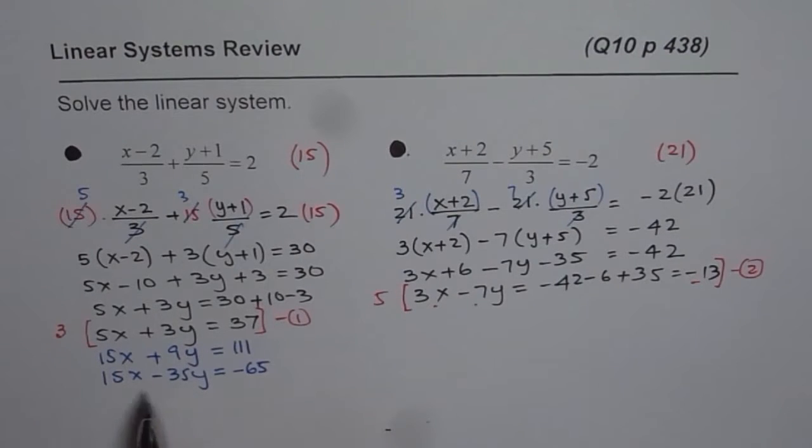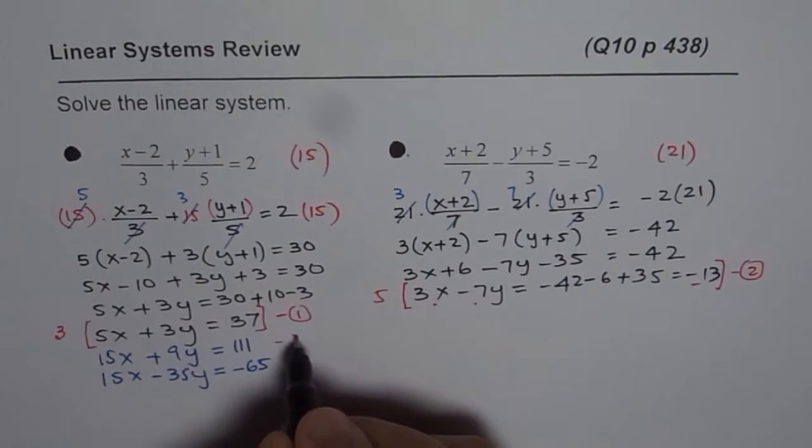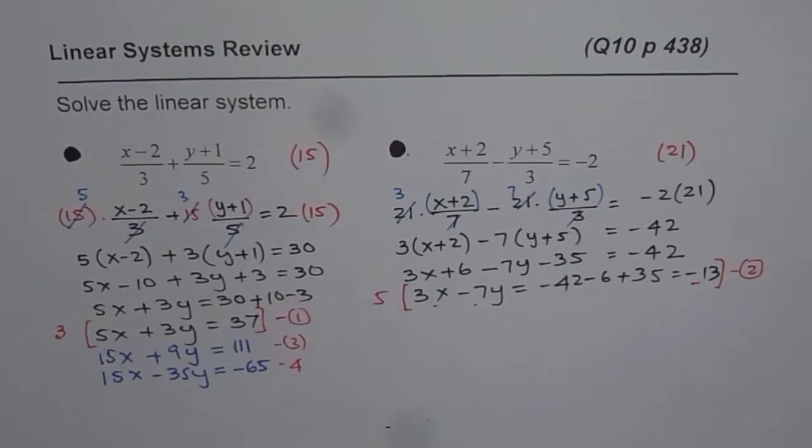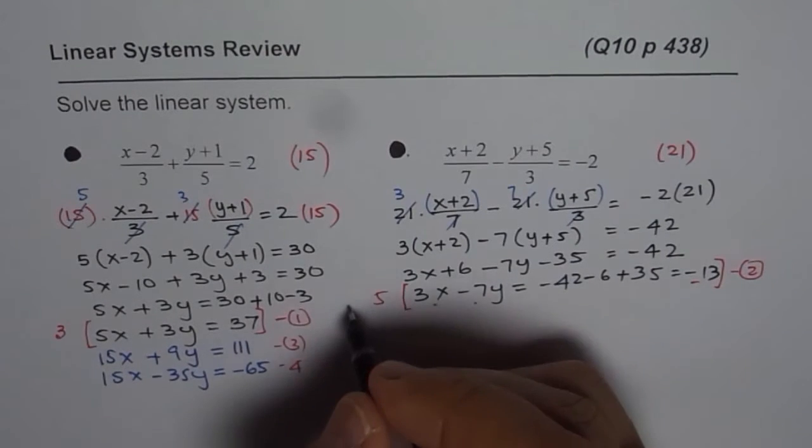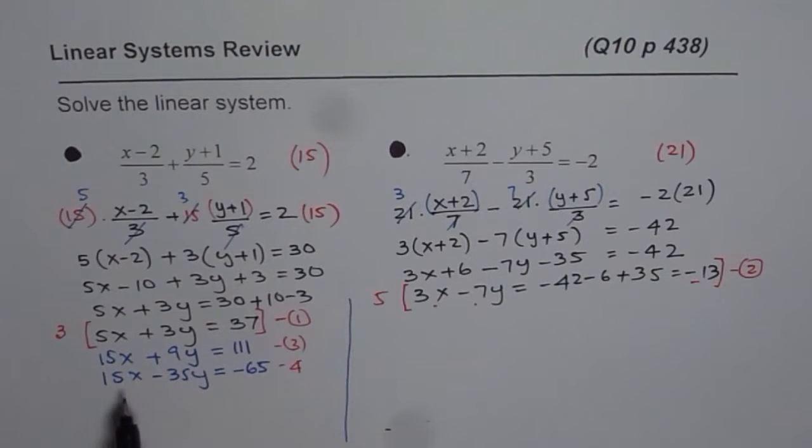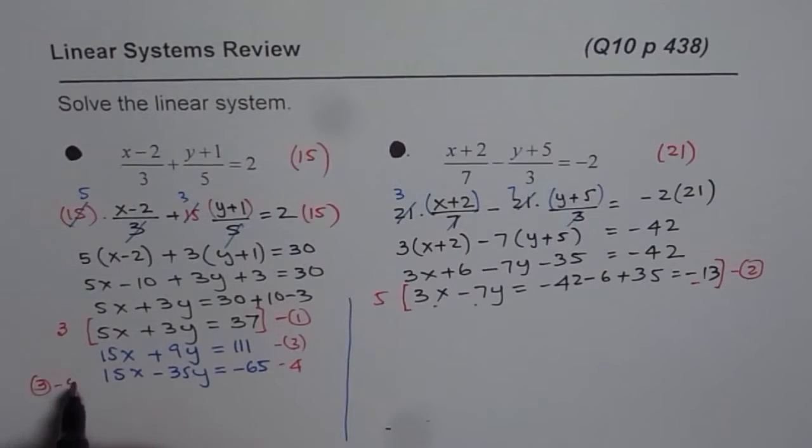We got these two where the coefficients of x are the same. Let's call them equation 3 and 4. Now to get x or y, what should we do? We can take away: equation 3 take away 4.